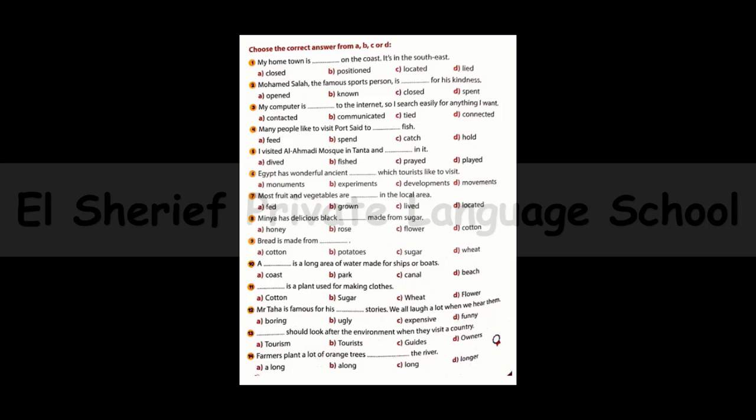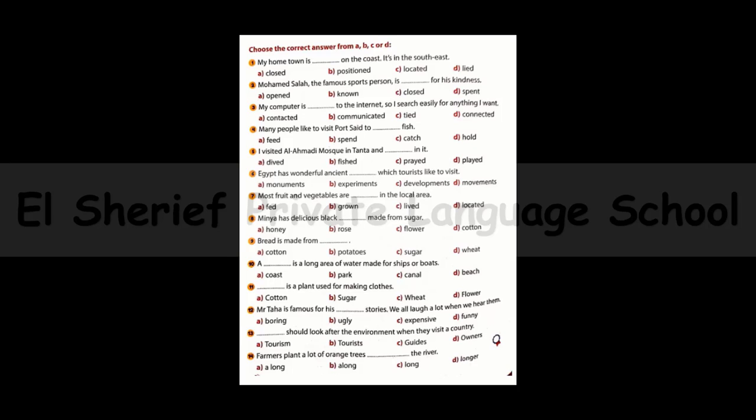Number 12, Mr. Taha is famous for his funny stories. We all laugh a lot when we hear them. So yes, Mr. Taha is famous for his funny stories. Number 13, tourists should look after the environment when they visit a country. So yes, tourists should look after the environment when they visit a country.